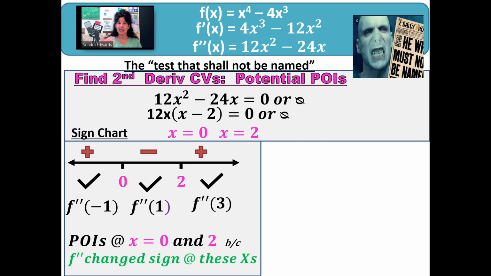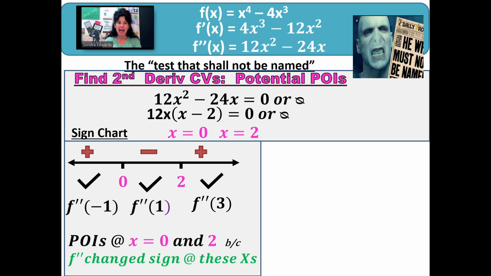It seems like first derivative, second derivative, but overarching one more time, the first and second derivative tests are to find and justify local mins and maxes. This test, where we find the second derivative critical values and put them on a number line, is to find and justify points of inflection.